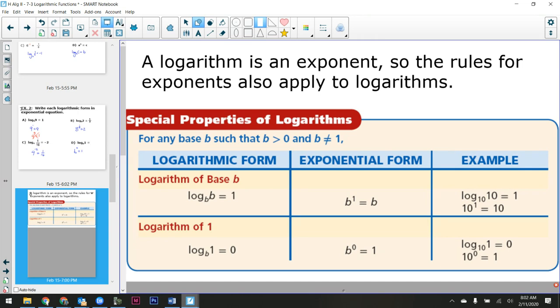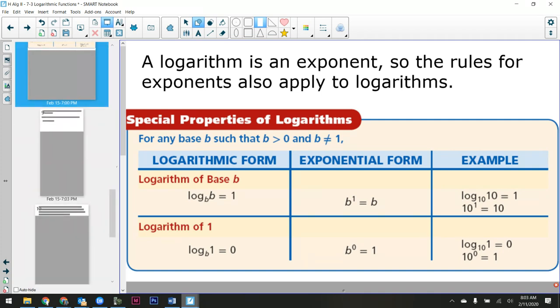That is equivalent to 0. So log base 10 of 1, 0. Log base 7 of 1, 0. Log base x of 1, 0. Log base pi of 1, 0. Log base e of 1. Ooh. What is e? We'll talk about e this chapter too. Oh, yes. There's so many fun things.